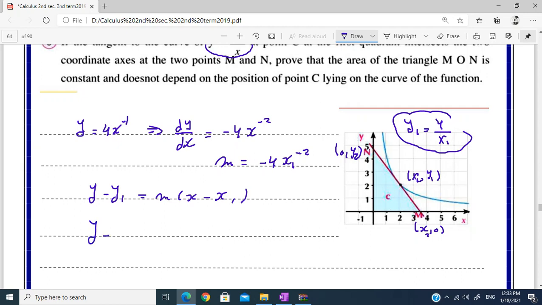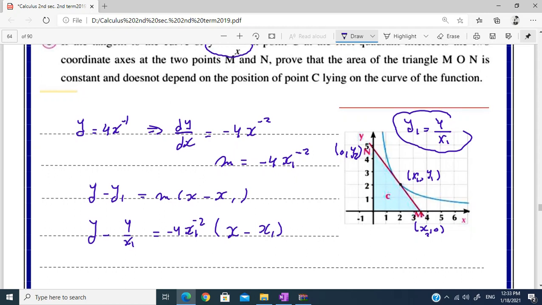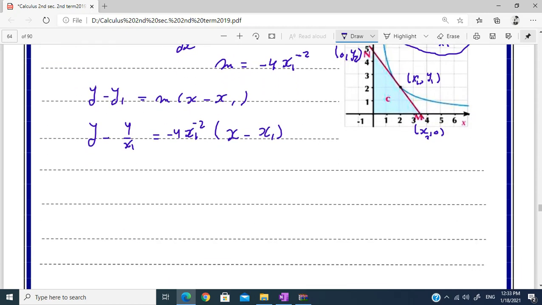So y minus 4 over x1 equals m times x minus x1, where m is negative 4 x1 power negative 2.